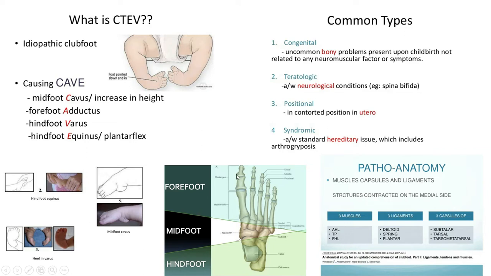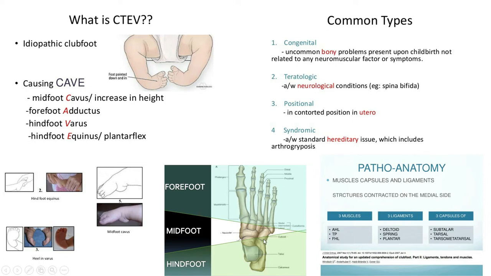From the Lisfranc joint up to the tip of the toe is called forefoot. From this joint up to the talonavicular area is called midfoot, and behind this, the talonavicular, talus and calcaneum itself is called hindfoot.